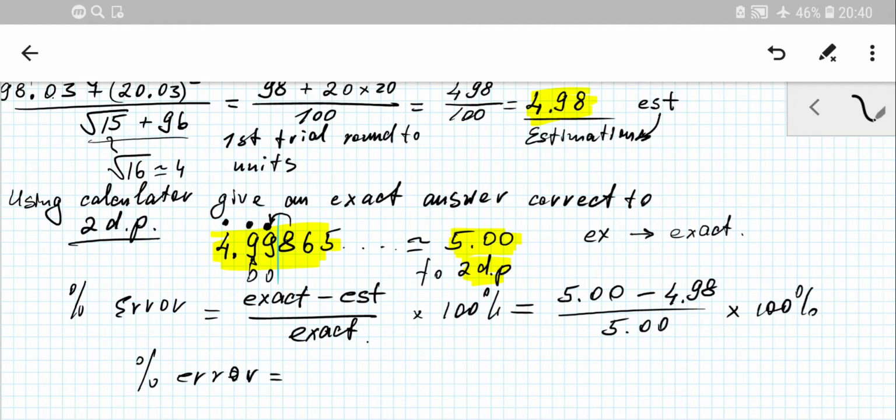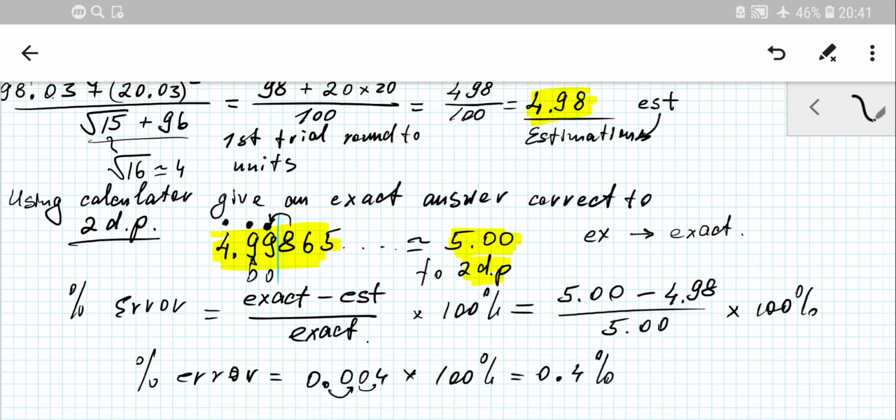So we're going to subtract 5 minus 498, and the result we divide by 5. So we've got 0.004 multiplied by 100%. That's the result, okay? If we multiply, we simply transfer the decimal point here. So we've got 0.4% of error.